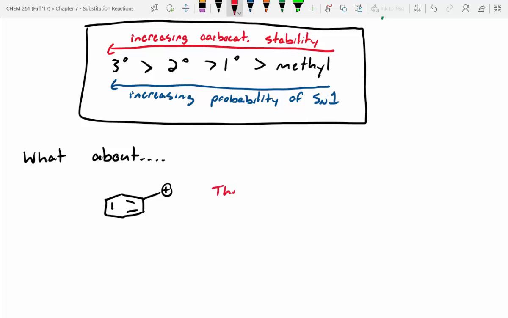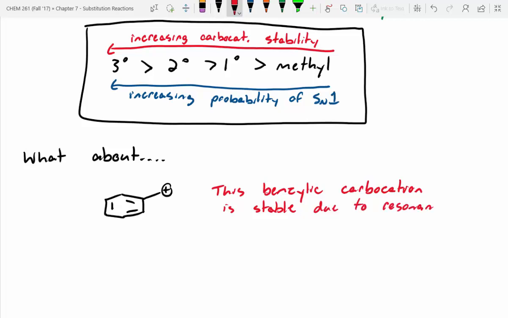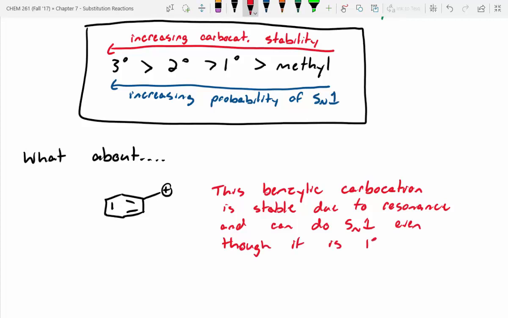So this benzylic carbocation is stable due to resonance, and can do Sn1 even though it is primary. Does that make sense? Again, that gets back to that idea that resonance is more important than hyperconjugation.